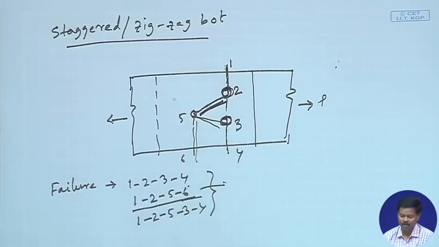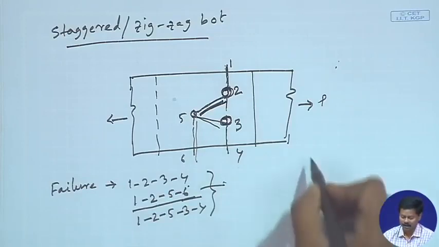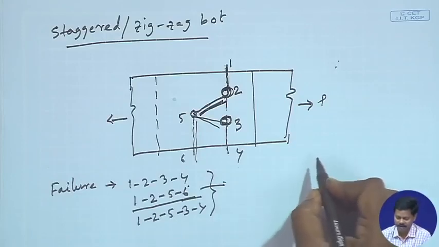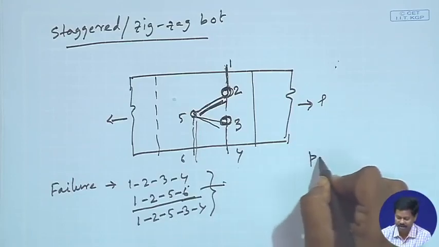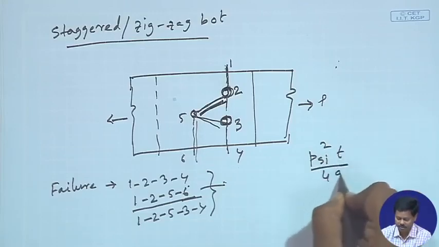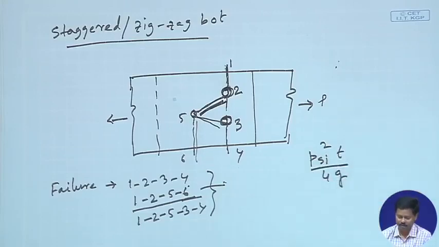So, that has to be taken care of. That will be considered, the sectional area holes will be considered as Ps squared into T by 4g. So, this portion we have to take Ps squared T by 4g.